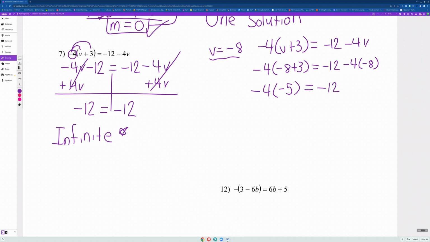And then -4 times -8 gives me a positive 32. So I'm going to go ahead and solve on my left side. I have -4 times -5. That's going to give me a positive 20. And this should be equal to -12 plus 32, which gives me a positive 20. So because I was able to solve for v equals 6 and v equals -8, I know that I have an infinite number of solutions for this problem.